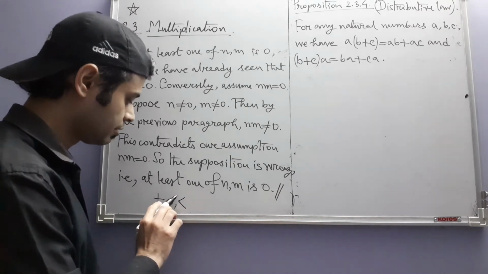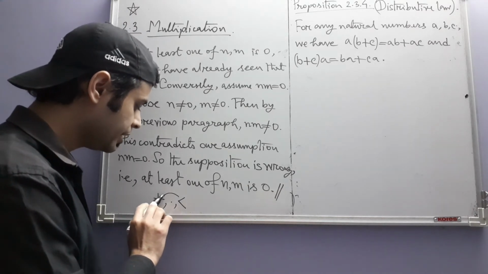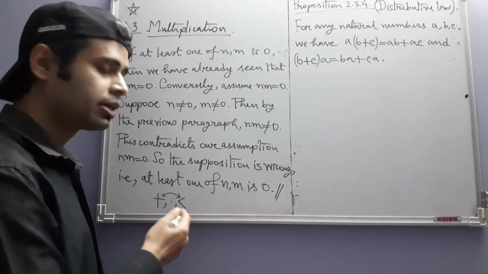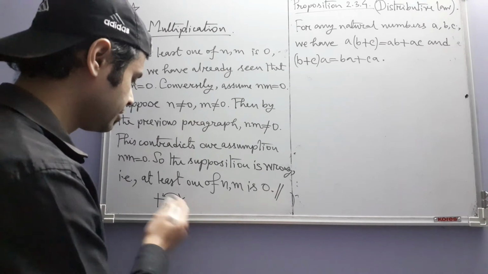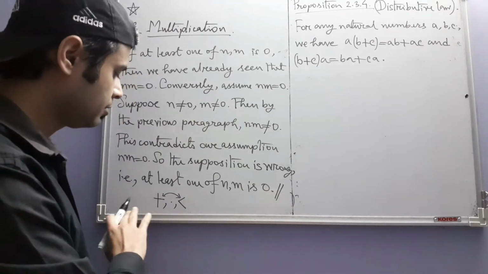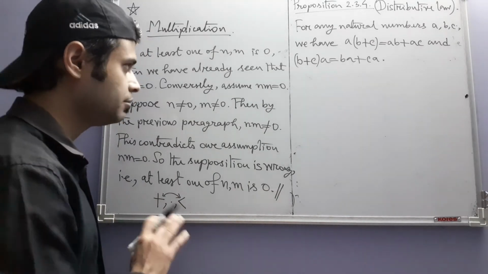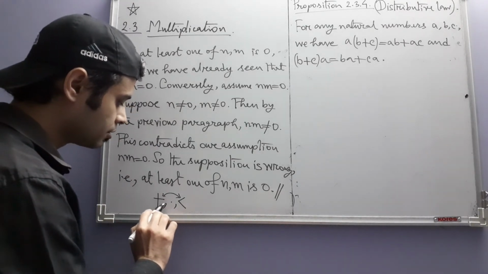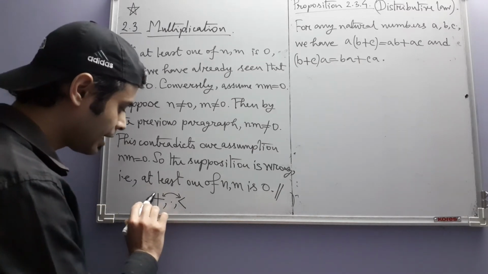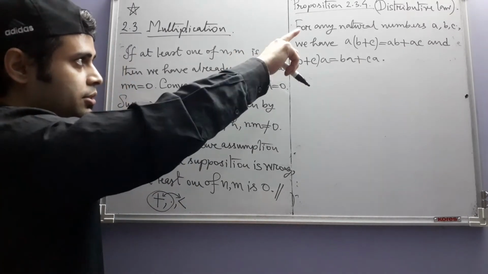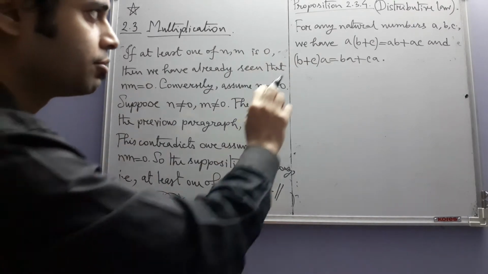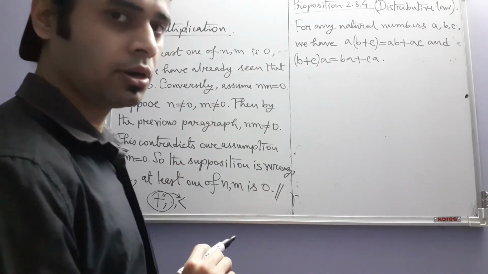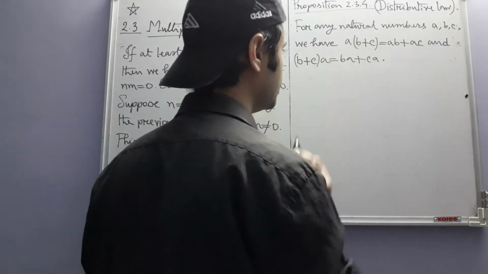Although there was one proposition which linked addition with order, that is, addition preserves order. I don't remember the actual phrasing, it does not matter. Here we have so far not linked addition with multiplication. So this distributive law does that. Here we have both addition and multiplication, and this is the most basic such law that links these two operations.